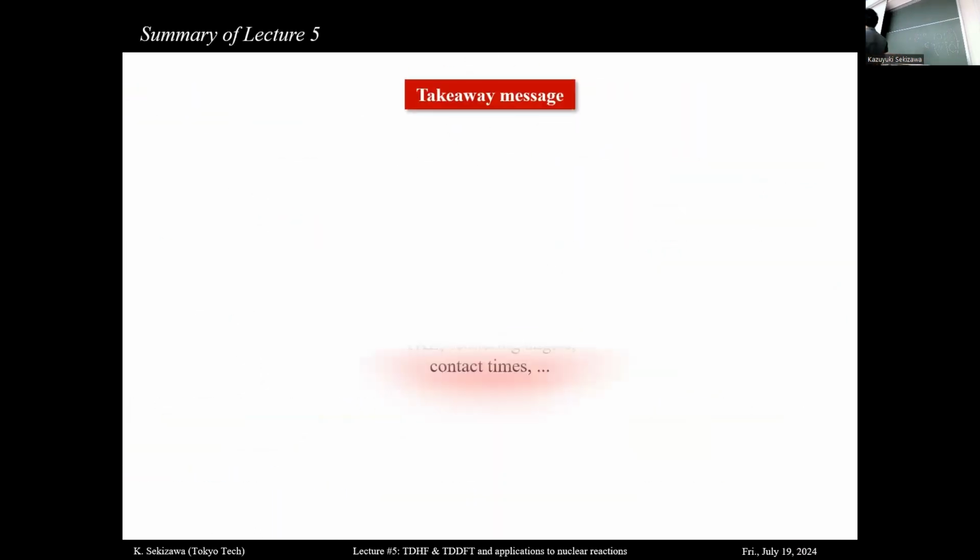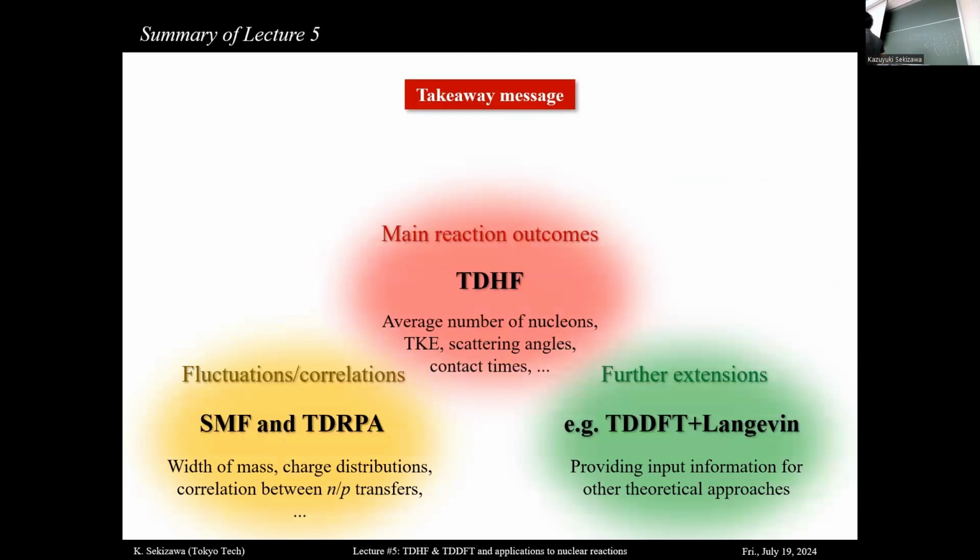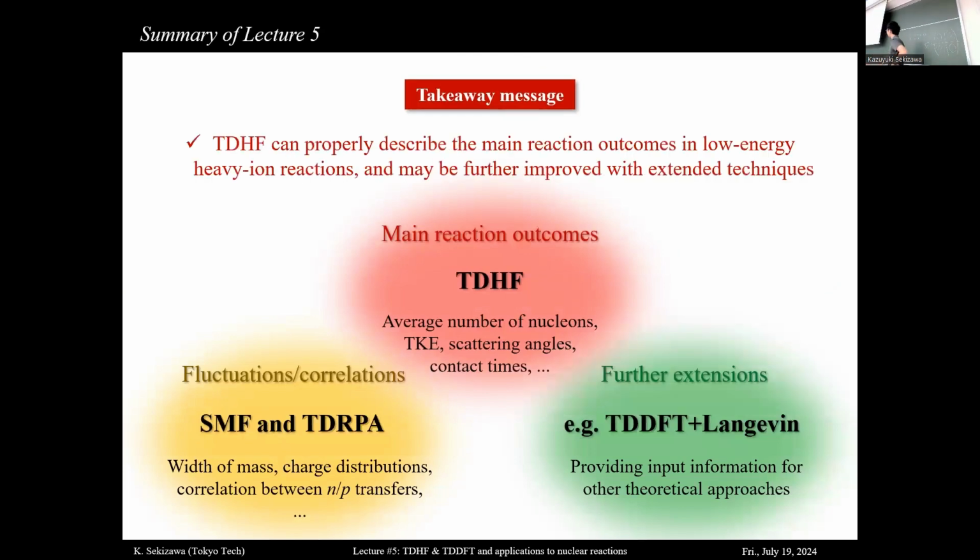And the message is the following. So TDHF can describe main reaction outcomes like the number of transferred nucleons, TKE, scattering angles, contact times, and so on. But it can fail to describe the distribution. But it is nowadays possible to improve.